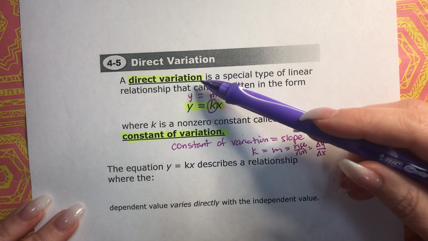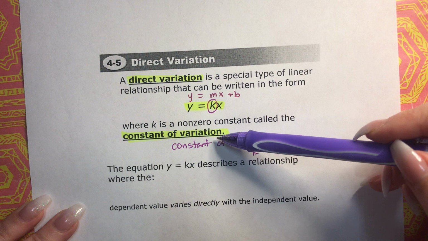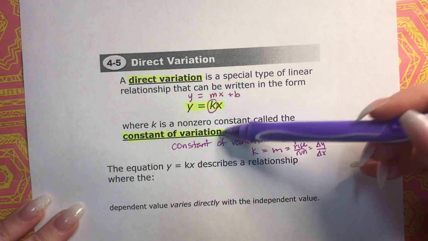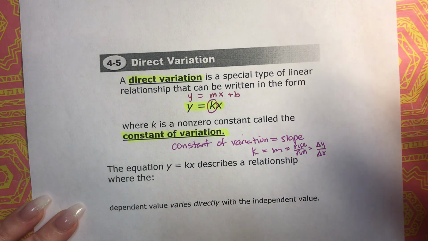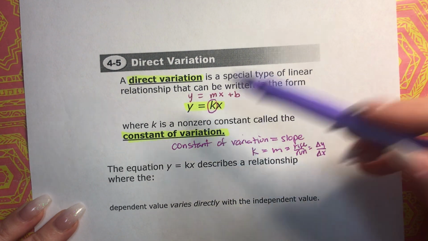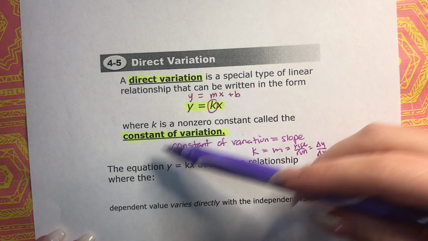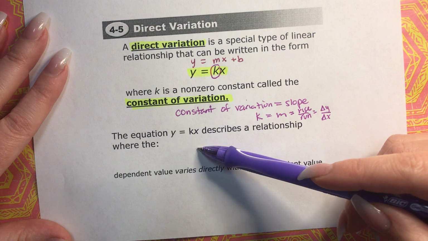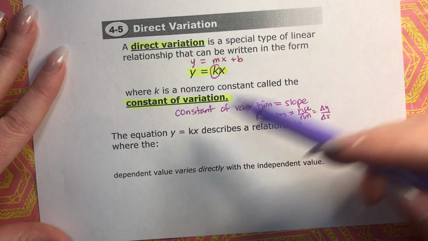But with direct variations, there's special types of linear relationships, so they give it another letter and call it a k for constant of variation. But what I need you to understand is that k in front of the x is actually the same thing as the slope.